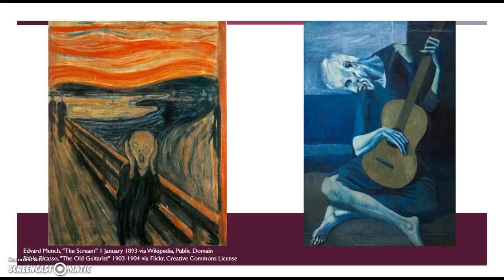And then in the one on the right, what do you notice about the colors? It's all blue. So except for the guitar, this has a monochromatic color scheme. So different shades of blue. And what mood does blue typically have? Sadness. Yeah. So blue is associated with sort of sad, somber things.